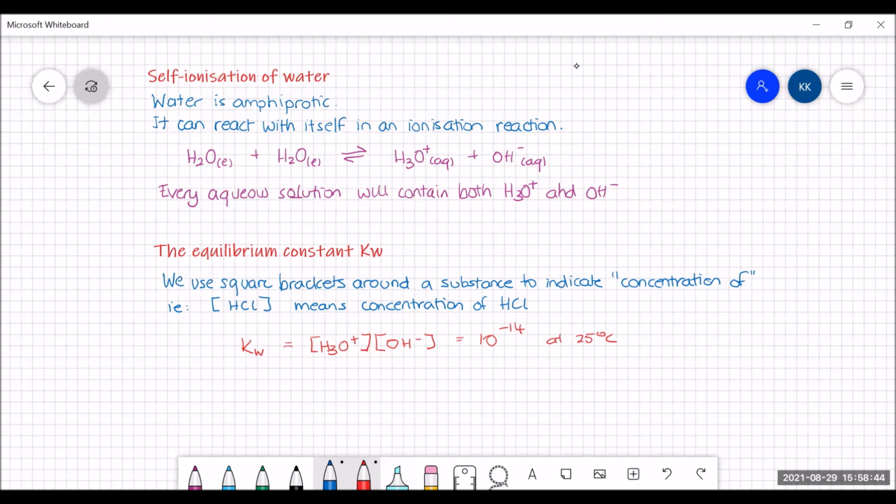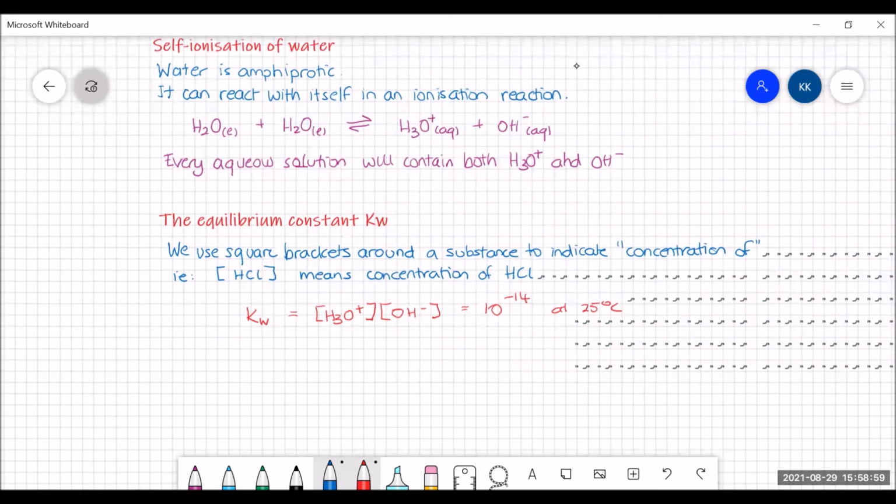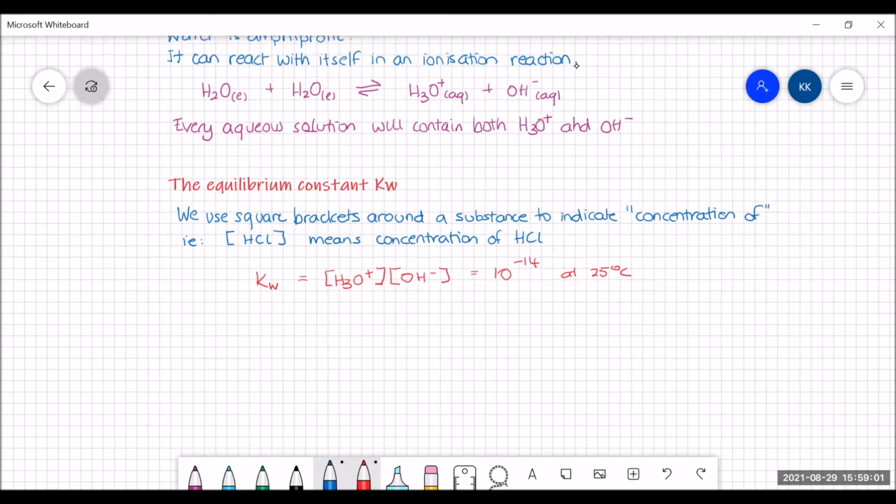Right, so now if we know every single aqueous solution contains hydronium ions and hydroxide ions, does that make every single aqueous solution an acid or a base? Well, not necessarily. It all depends on how much of each there is. So if you have a solution where you've got an equal number of hydronium ions and hydroxide ions, so the concentration of hydronium and hydroxide is equal, then we call that solution neutral.